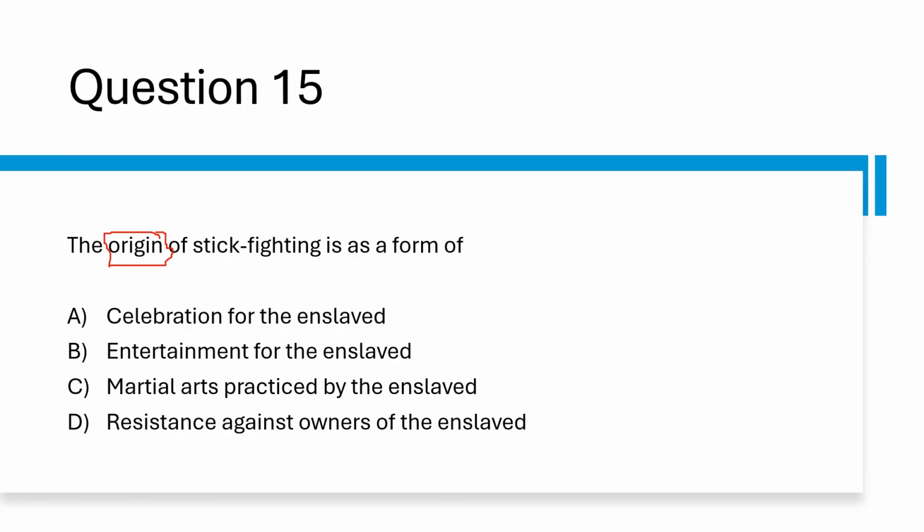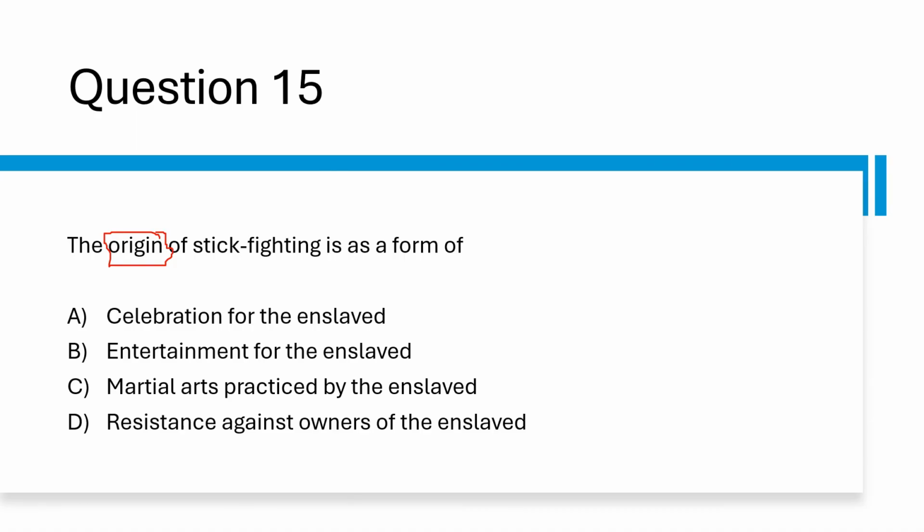D, resistance against owners of the enslaved. Now, eventually, stick fighting became an act of resistance here in the Caribbean for the enslaved, because they'd use it against the slave masters and in their revolts and in their fights. But it was not the origin of stick fighting.